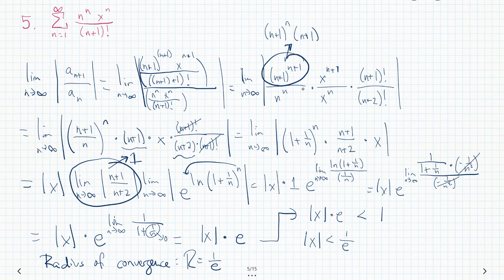I guess what I am confused about is what is actually new that I am applying. It seems the exact same as we have been doing. Yeah, and that's exactly right. The only thing that's new in terms of what you have here is the fact that e can pop out of one of these limits. So it's just an old limit. It's the same old song and dance in terms of that stuff.